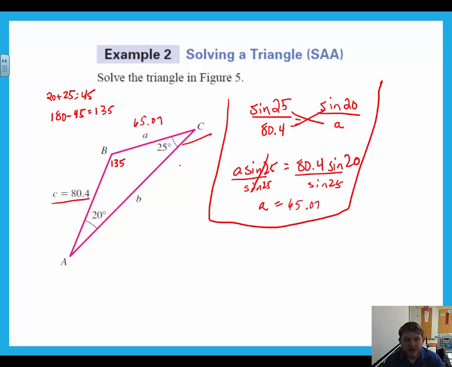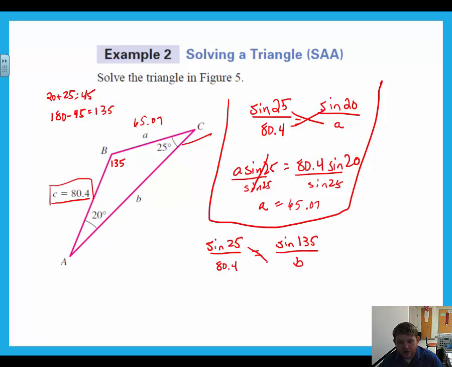That gives us A. Now we can do the exact same thing for B, and I'm going to use what we were given, since I already know that was definite, and I rounded this value, so I don't want to use a rounded value. So I'm going to start with sine 25 over 80.4, because I know for sure that's what was given, is equal to, and then this time we'll do B, sine of big B, which is 135, over little b.